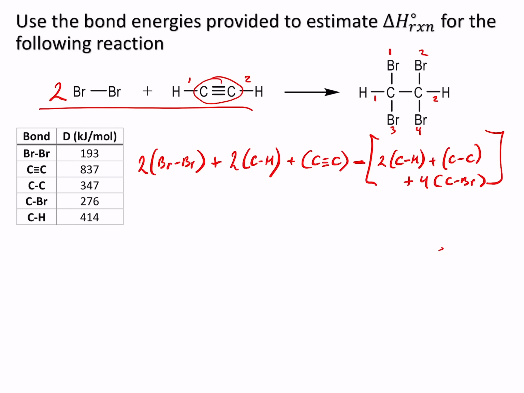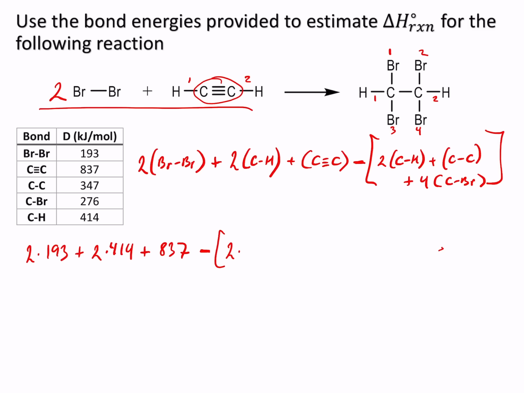So if we put this as an equation, then it is 2 times the bromine bond, which is 193, plus 2 times the carbon-hydrogen bond, which is 414, plus the triple bond, which is 837, and we are to subtract everything else.